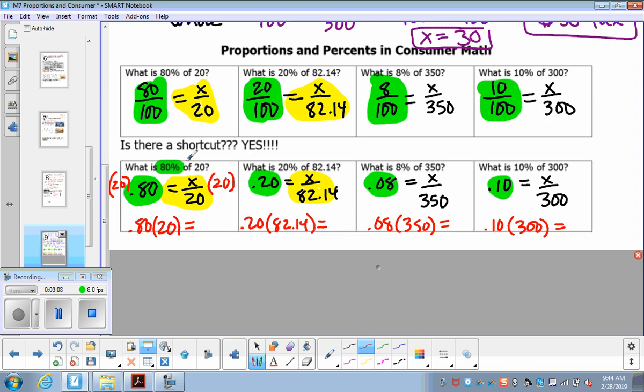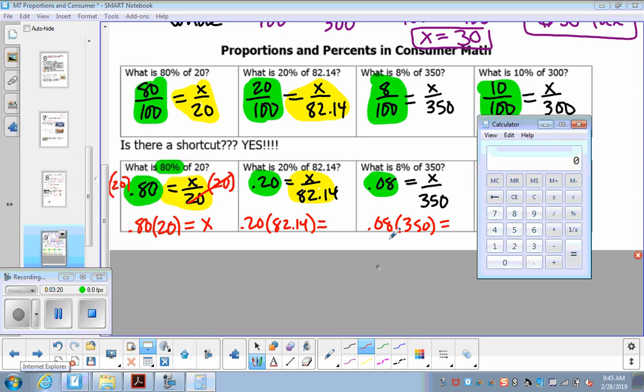When finding 80% of 20, you can just multiply in the calculator the 0.80 times the 20, because it cancels out over here and x is all by itself. And on this side, it's going to tell us what 80% is. And that's the 16 questions that somebody got right.